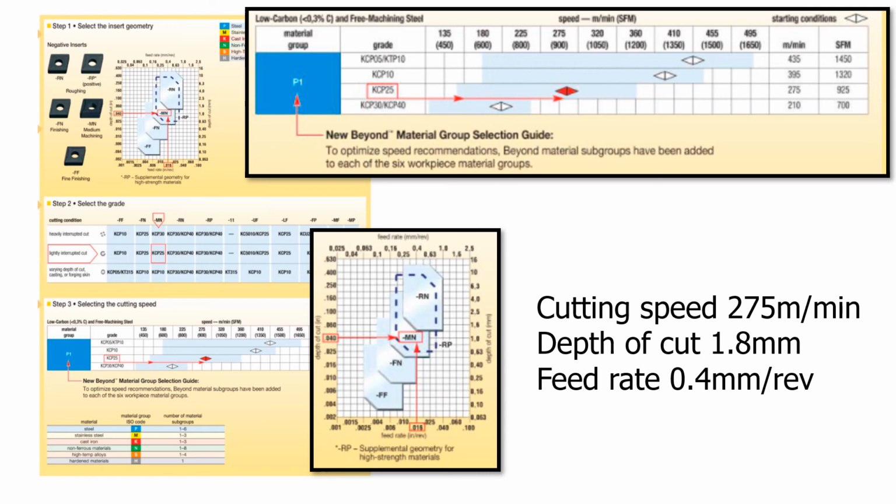I better check and make sure that there's been no changes in the cutting speed, depth of cut and feed rate. So here we go. According to the table, it is 275 meters per minute. That's my surface speed, and I'll need that to calculate my correct RPM. Again, this is a turning operation. The depth of cut, as per the data sheet, is 1.8 millimeters, and the feed rate is 0.4 millimeters per rev.